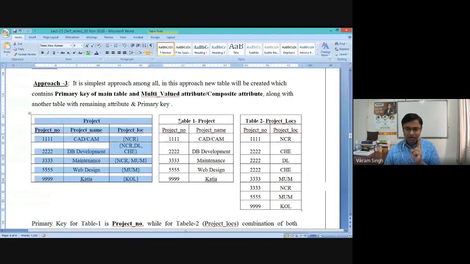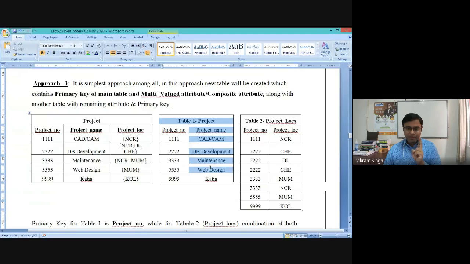The first table has the project number and project name. These 2 attributes are placed in table number 1, and the attribute which is multi-valued is placed in table 2. You can see in table 2 we have placed project location and project number.